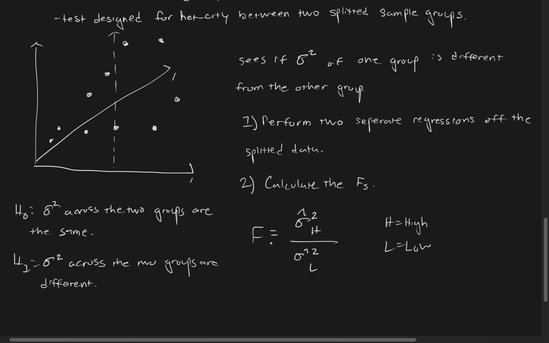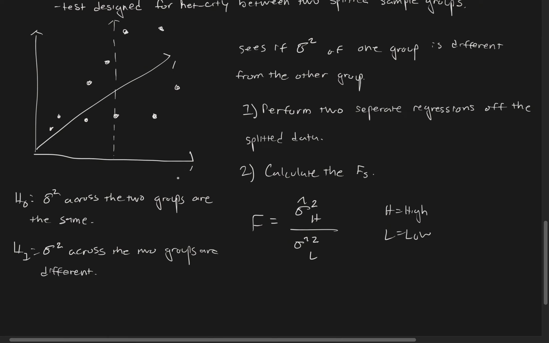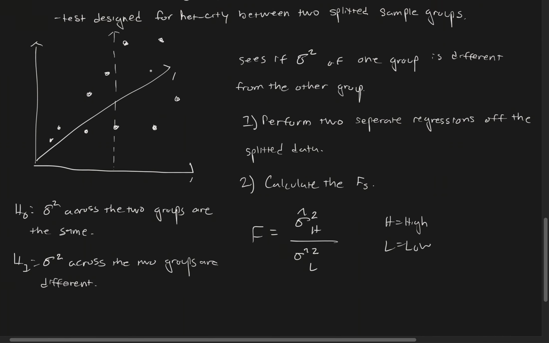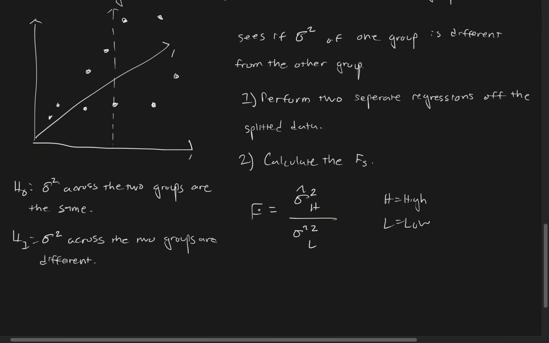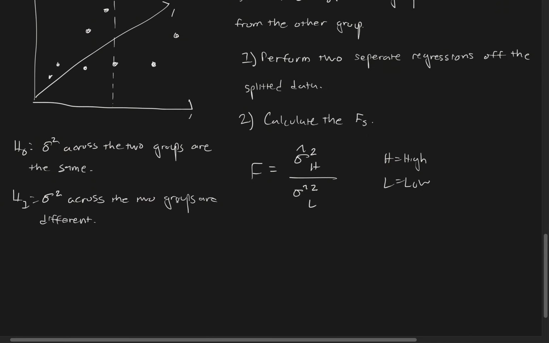If the F statistic is high, we can interpret that as the variance of one sample group being significantly greater than the other, which means there is heteroskedasticity, because we want a relatively low F statistic if we're looking for homoskedastic data. And so if this value F is high, that usually means we want to reject the null.